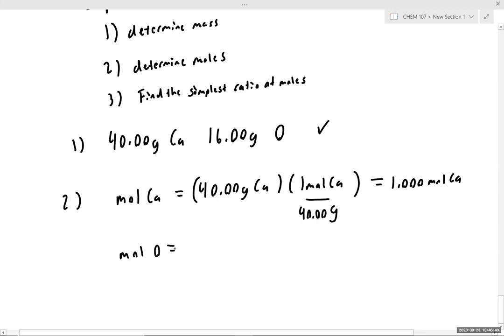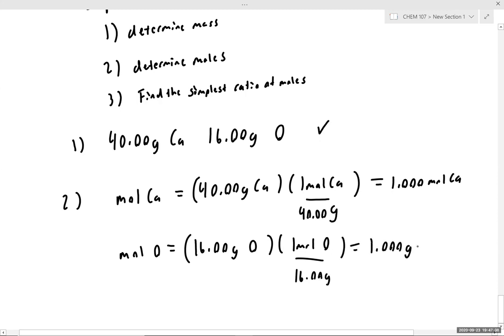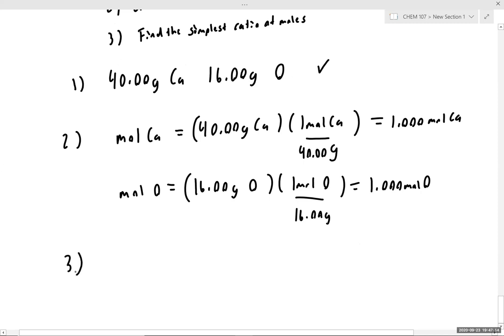For our moles of oxygen, we have 16.00 grams of oxygen. And in 1 mole of oxygen, we have 16.00 grams, and that gives us 1.000 moles of oxygen.